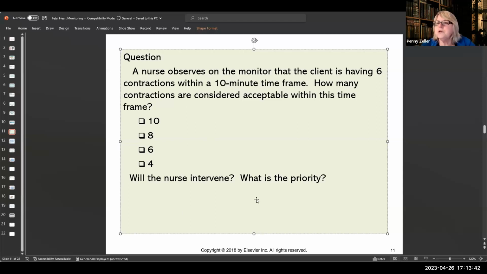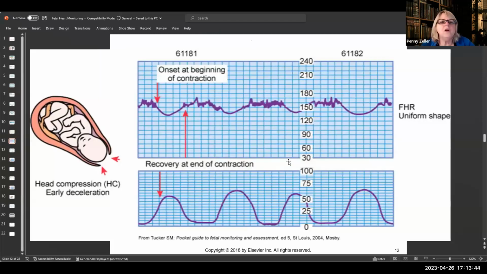So here's a strip that describes what we call early decelerations. We've got contractions at the bottom, and the fetal heart rate above, which looks funny, I know. But you notice that the baby's heart rate drops right here, right here, right here, and right here. Where those red arrows are is called a deceleration.